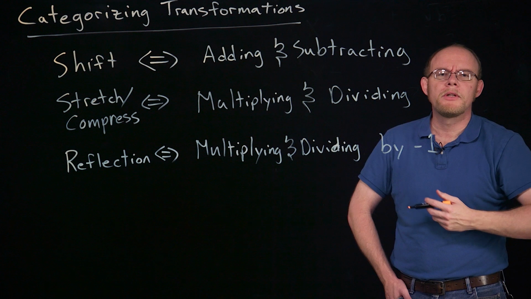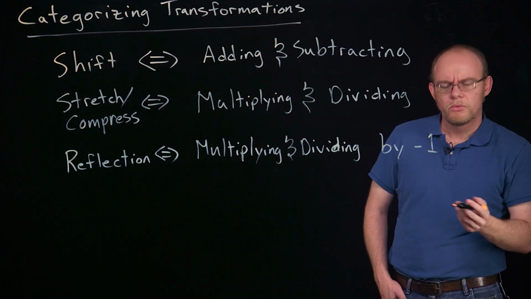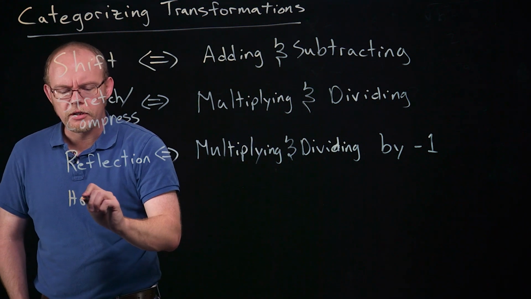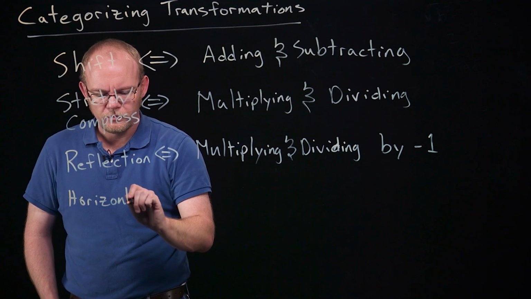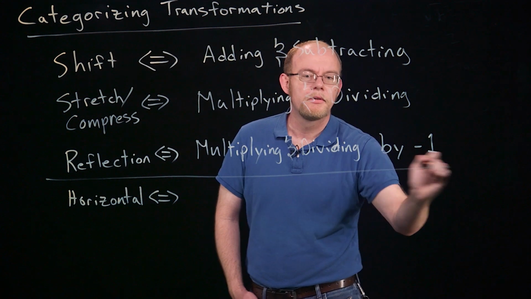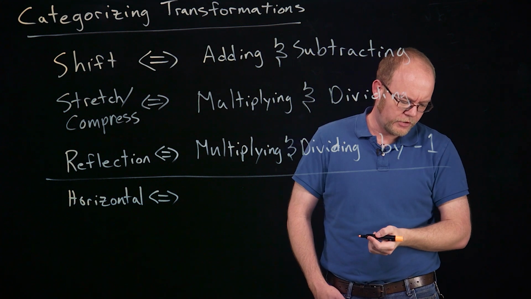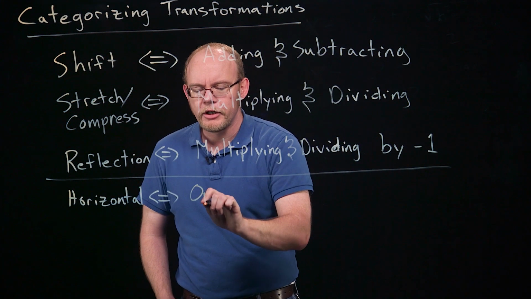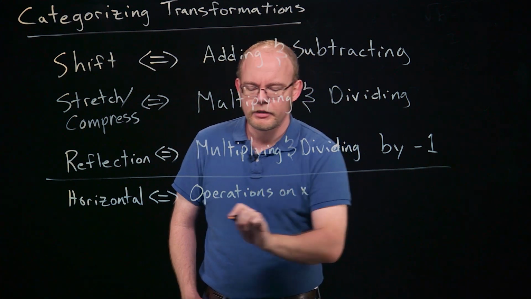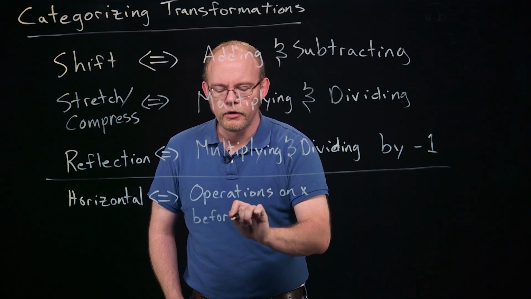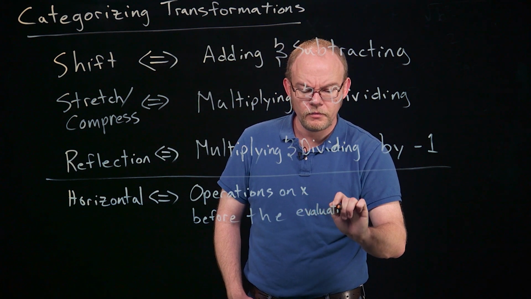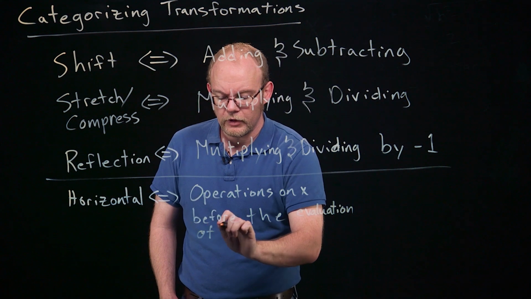Now, you'll notice also that the direction of the transformation changed. If we looked at the transformations, there were the horizontal transformations. This is a different class of transformation. So the horizontal transformations, when did those happen? Those are operations on x before the evaluation of the function.